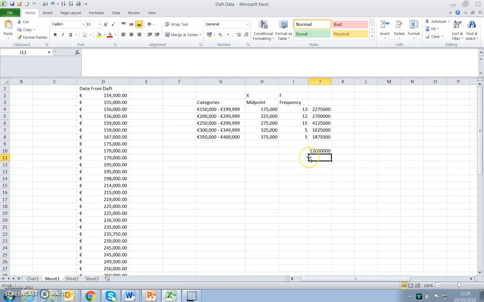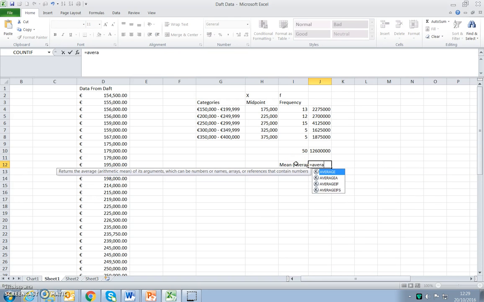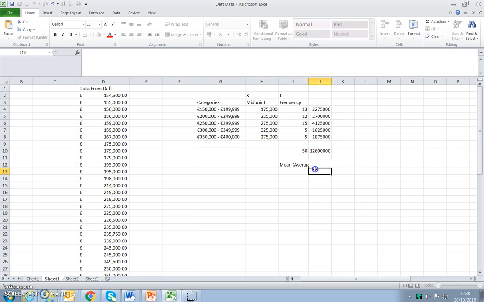This is your total house prices overall, and you know that you have 50 house prices, so your mean, or your average, is equal to, I tell a lie, it is equal to this divided by this, so the sum of fx over the number of observations.